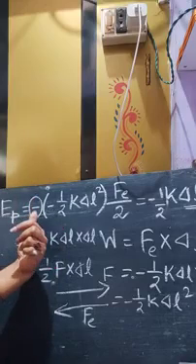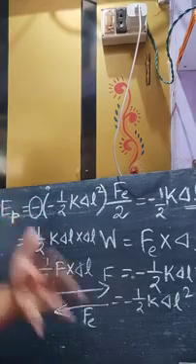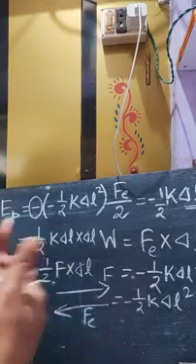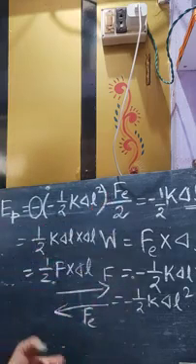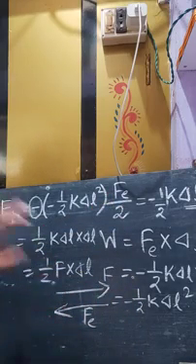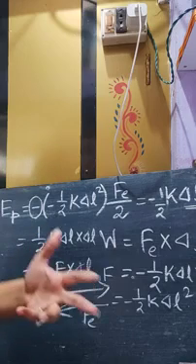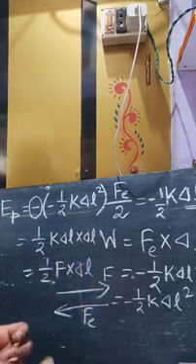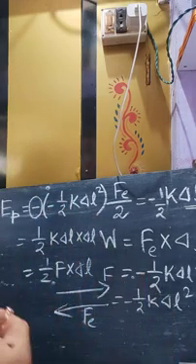But now my question is, why this negative? Because this is the potential energy which is being stored as this Fe is being applied on the spring. This work done converts into the potential energy, and when we are releasing that, it again regains its potential energy.